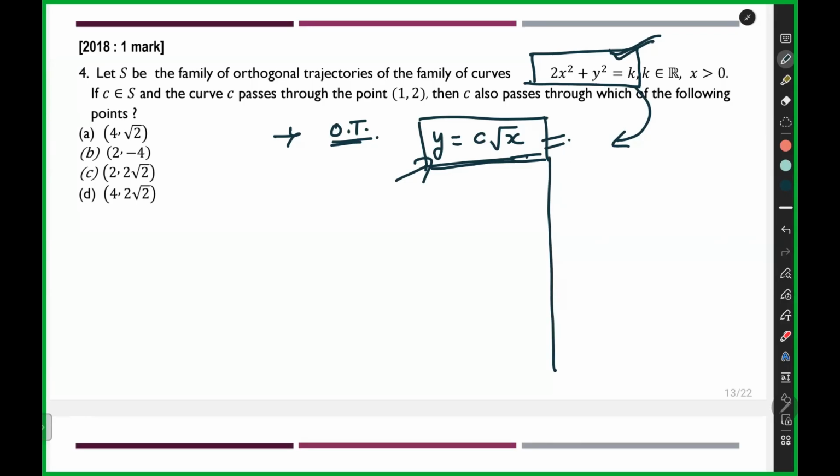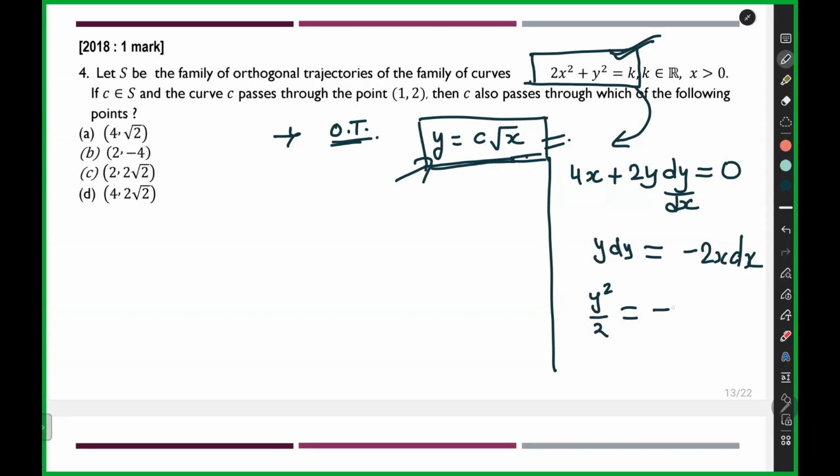We have to do differentiation with respect to x. So it is 4x, then 2y dy by dx equals 0. Then y dy equals minus 2x dx, so y square by 2 equals minus 2 of x square by 2.